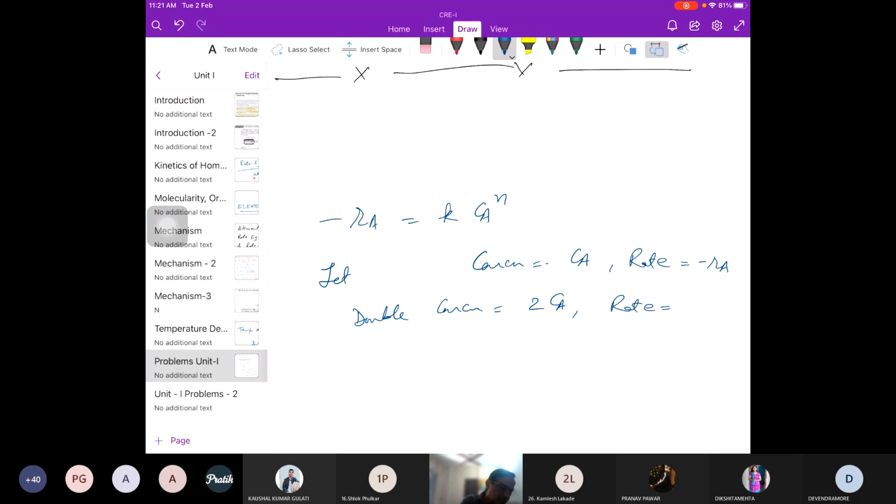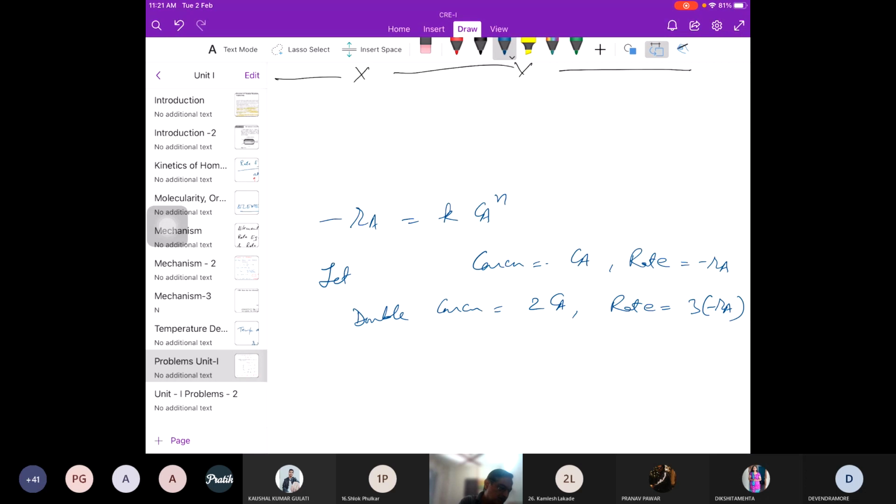That means क्या हो जाएगा? 3 times minus Ra. That means when they have the concentration as Ca, the rate is equal to minus Ra. When you double the concentration, that means it becomes 2Ca. The rate becomes 3 times initial rate. That means minus Ra.